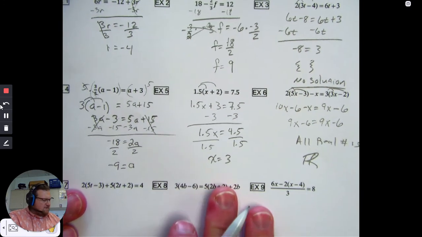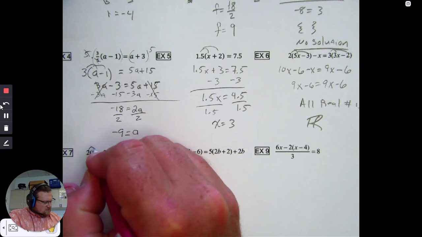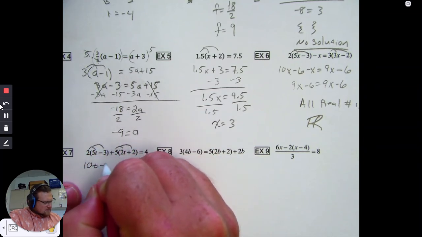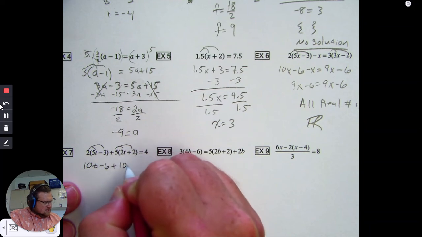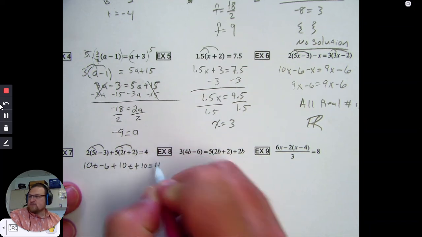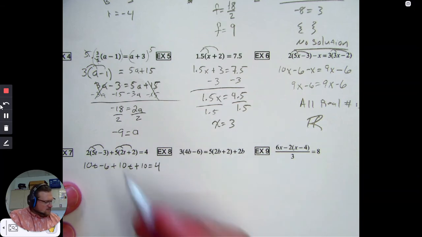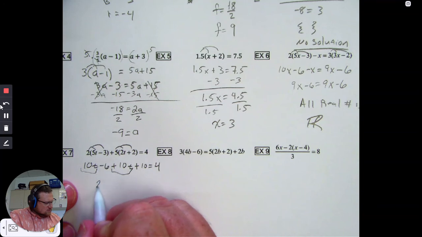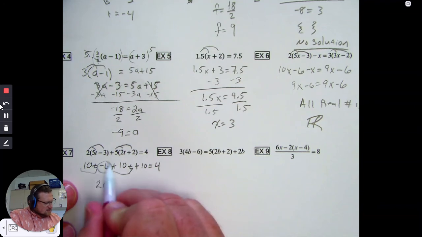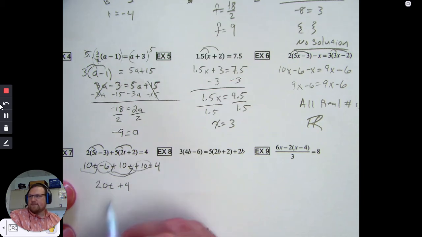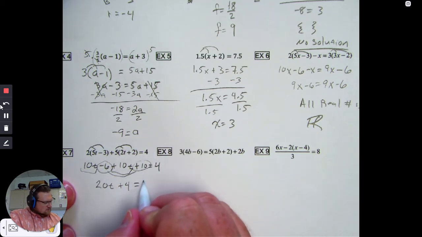Okay, on to number 7. Again, we'll distribute these out. So this is going to be 10t minus 6 plus 10t plus 10 equals 4. So 10t and 10t give us 20t's, and then negative 6 and positive 10 would give us a positive 4 equals 4.